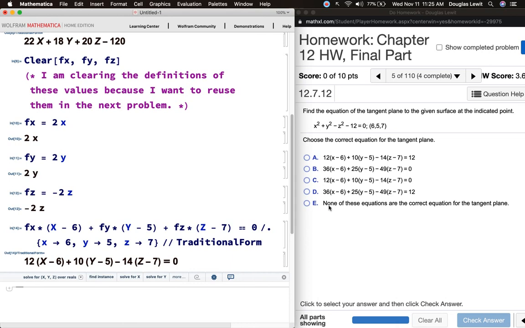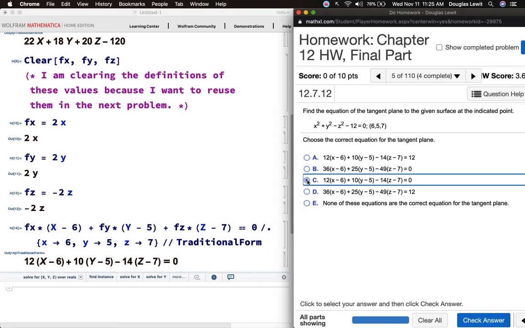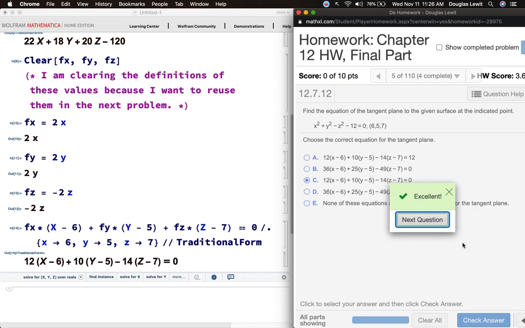So I have 12 times x minus 6 plus 10 times y minus 5 minus 14 times z minus 7 is equal to 0. It looks like option C, choice C. Let's see, 12, 6, 10, 5 minus, yeah, it should be choice C. Okay.